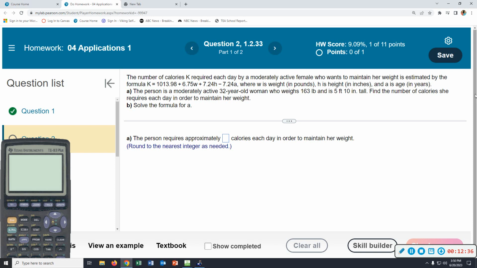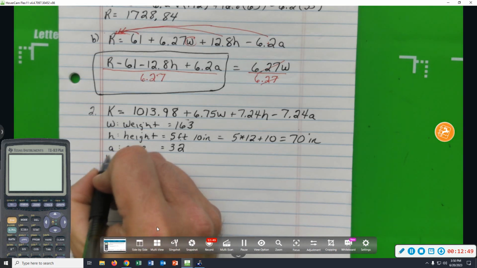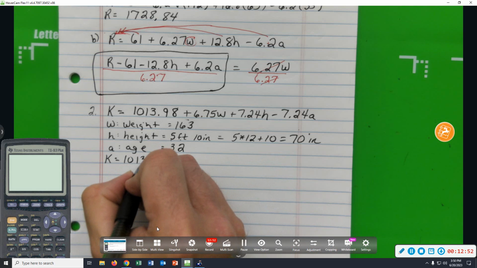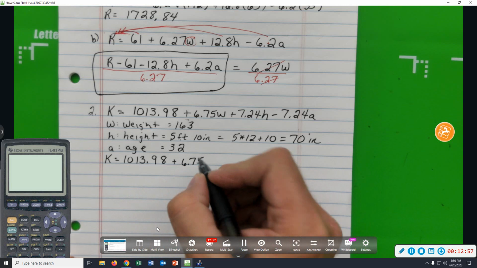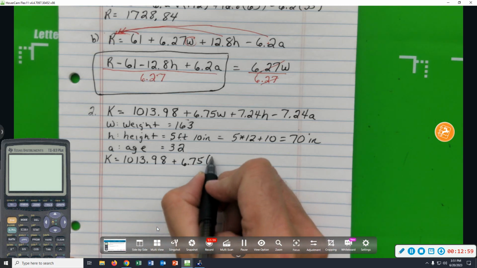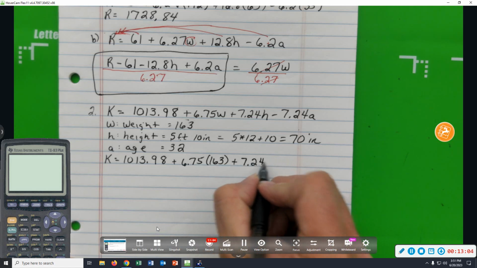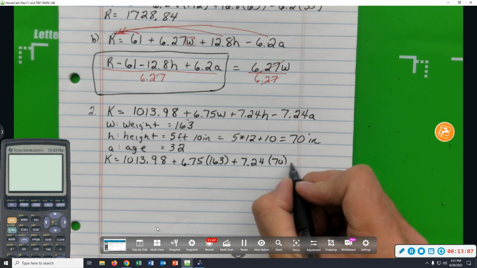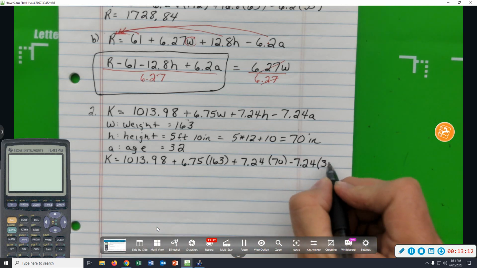So find the number of calories she requires each day in order to maintain her weight. So like the other one, we're going to plug these numbers in. Plugging in the numbers. K equals 1013.98 plus 6.75 times 163 plus 7.24 times 70 minus 7.24 times 32.